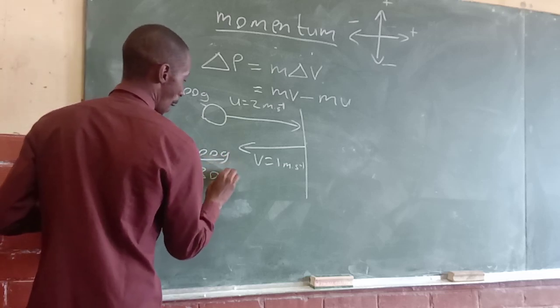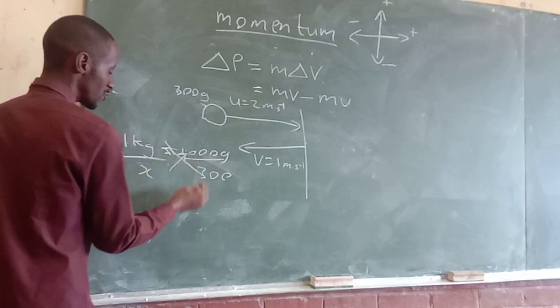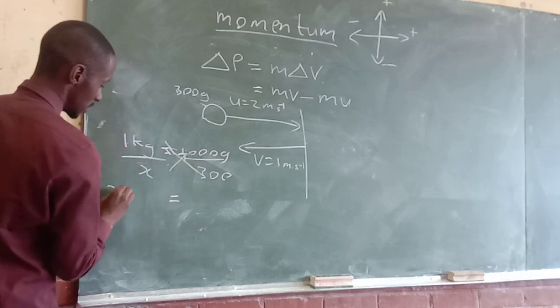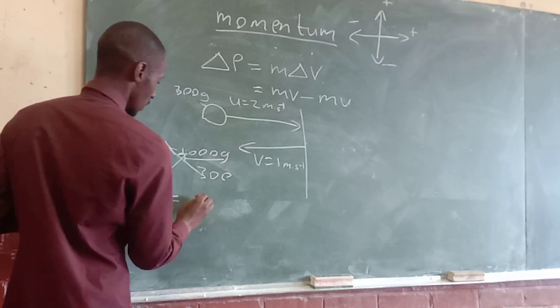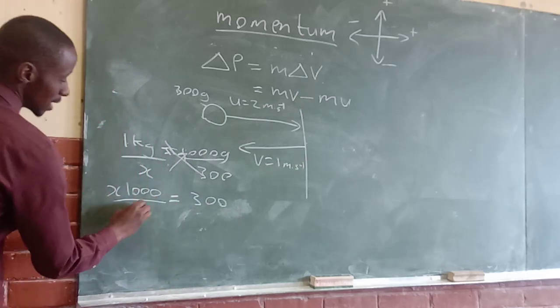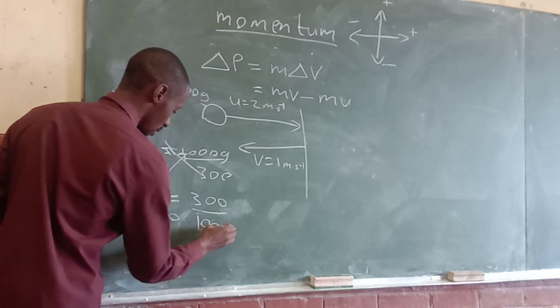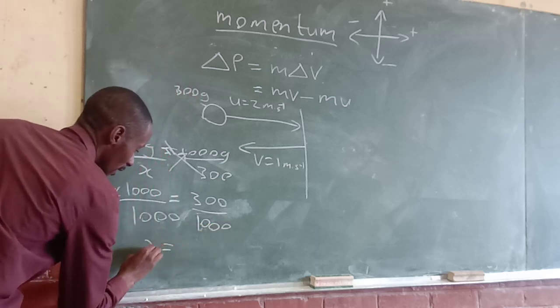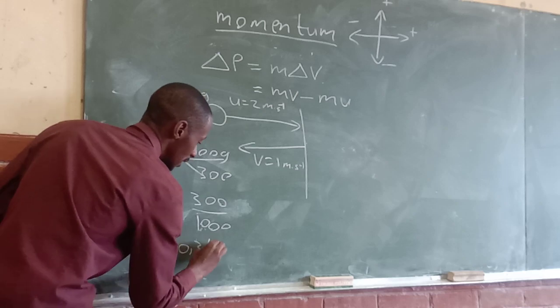I apply my cross multiplication. I'll get something that looks like this: 1,000 is equal to 300. Because I'm looking for mass, I'll divide both sides by 1,000. Divide both sides by 1,000. I'll end up getting a mass of 0,3 kg.